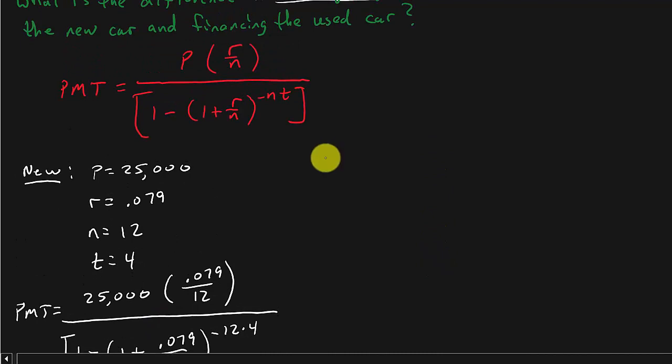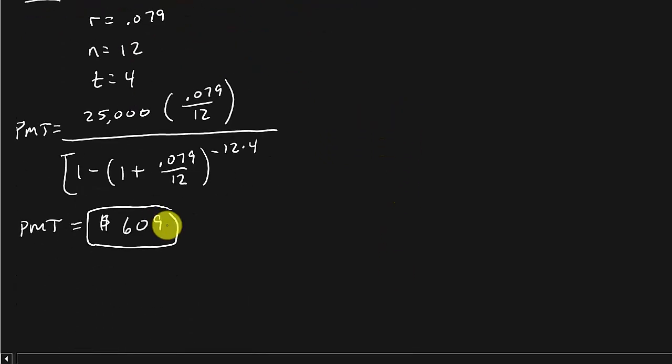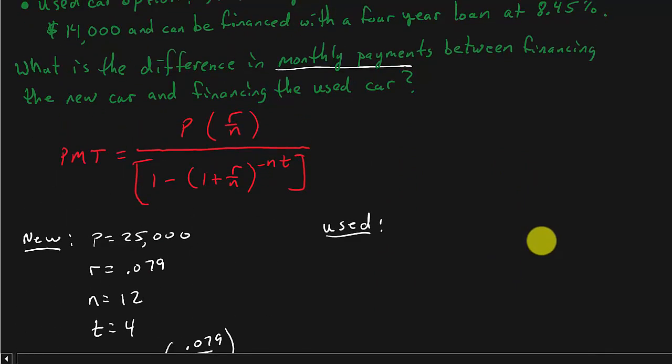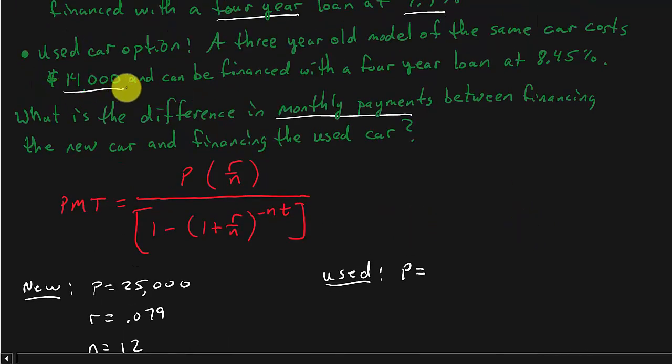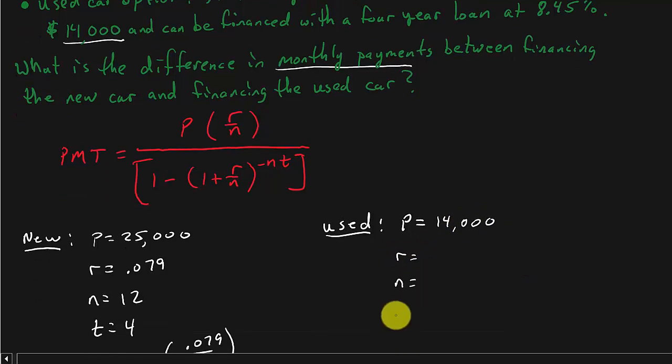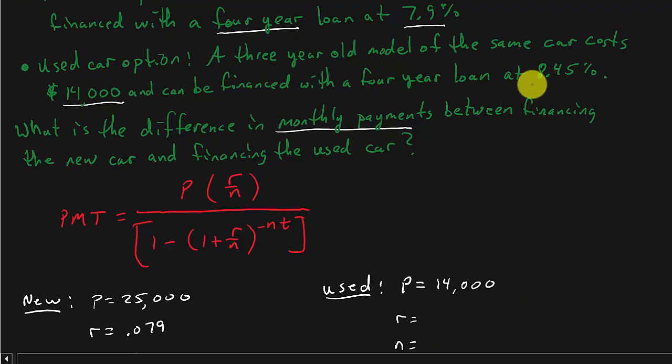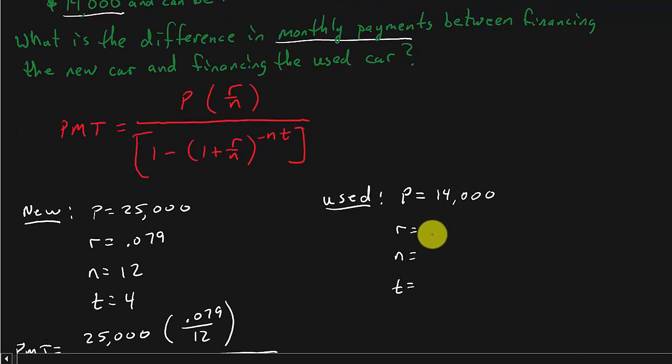Now let's look at the used car. I'm just rounding these to the nearest dollar. For the used car, we need P. The used car is $14,000. And then we need R, N, and T. For the used car, the loan is 8.45%, so that's 0.0845.